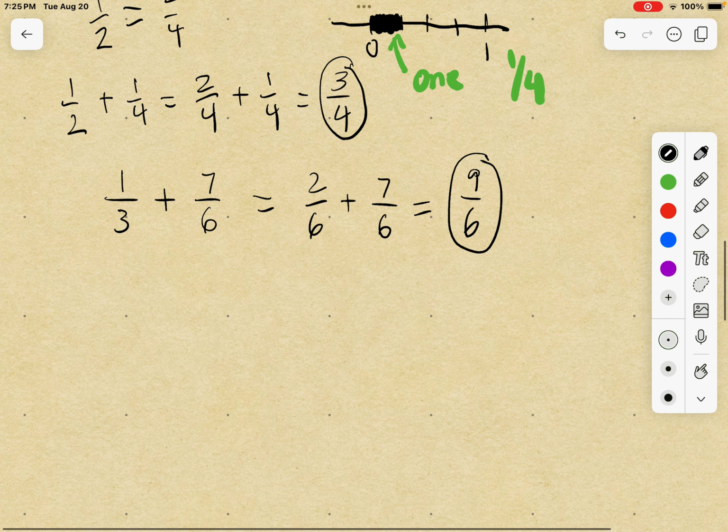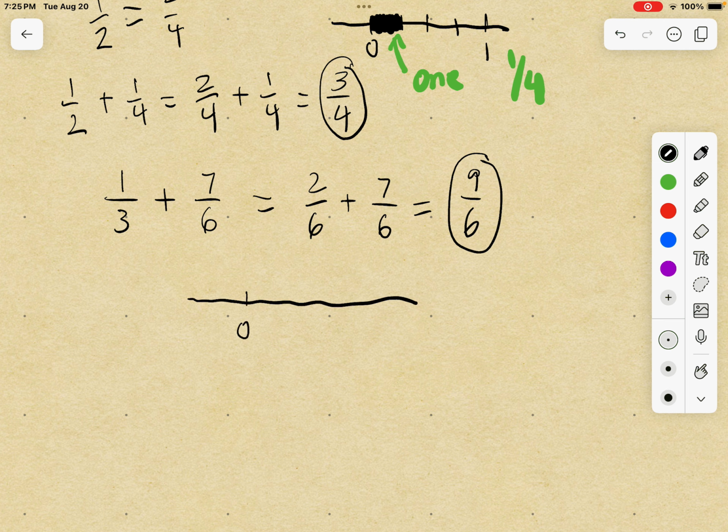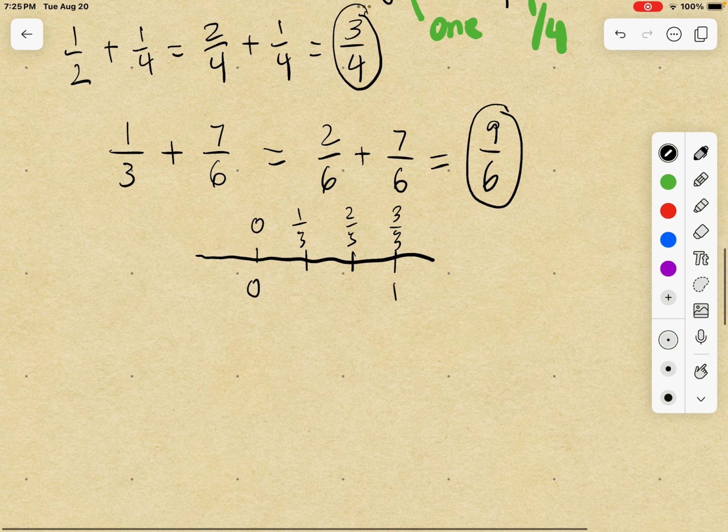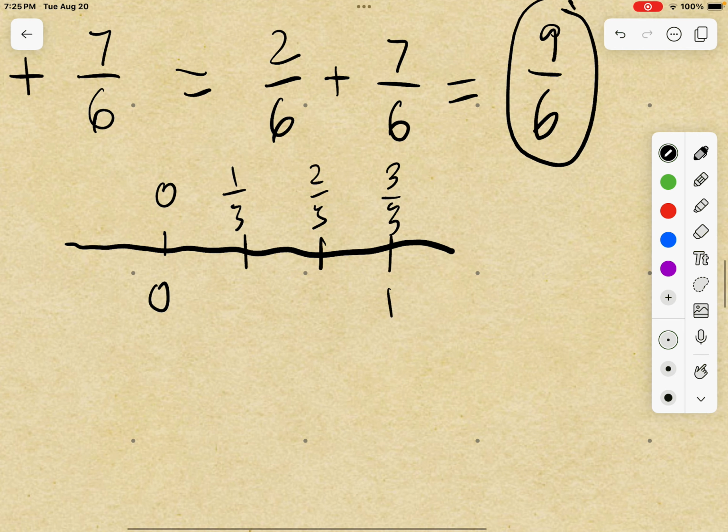Okay, so what we're doing here to illustrate 1/3 plus 7/6 is we're taking a third, but you're splitting each of these thirds into two pieces of equal length.